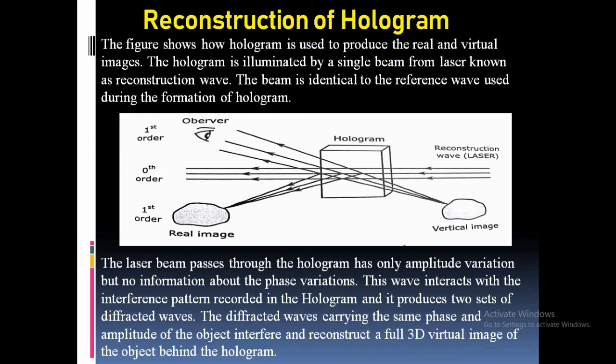One of the most interesting features is that the laser used during the recording process must also be used in the reconstruction process. That means the wavelength of light used in the recording process can only be used to reconstruct the hologram. This is a very unique characteristic, and that's why it finds many applications in secret data transmission.